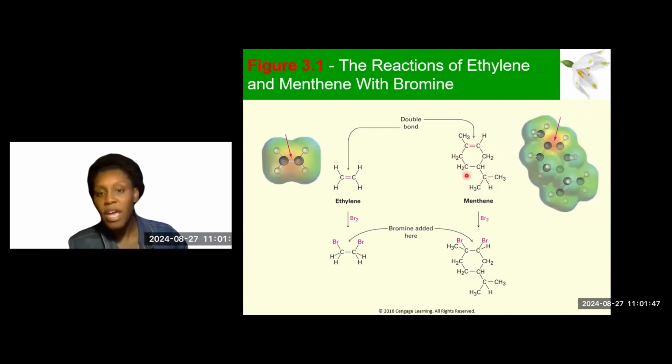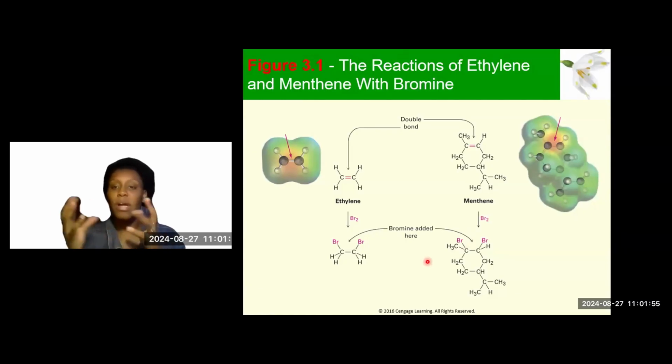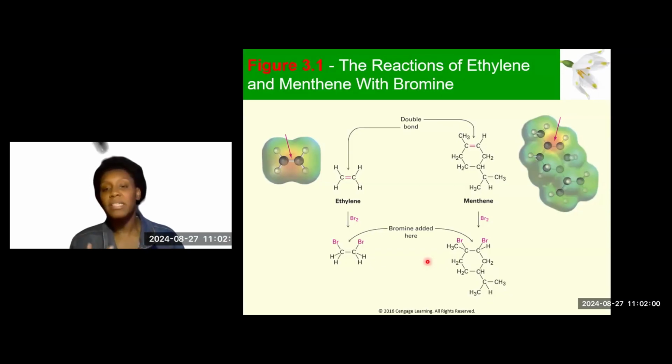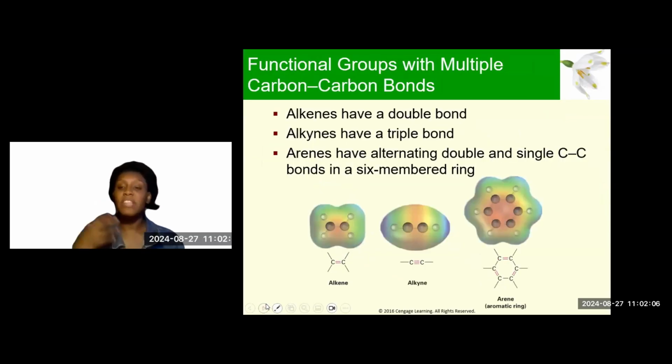And if you notice where the double bond is, it reacts with bromine the same way. So this is an example of how, whether the compound is simple or complex, if there's a double bond, it typically is going to react in the same way or have similar reactivity. That's why, in terms of functional groups, it's the function. It's the part of the compound that's going to have a certain physical, chemical feature, okay?